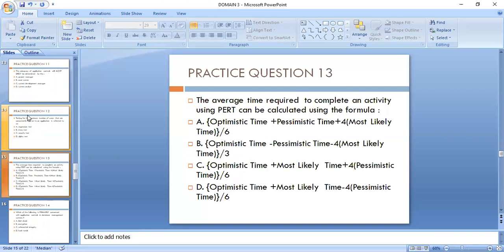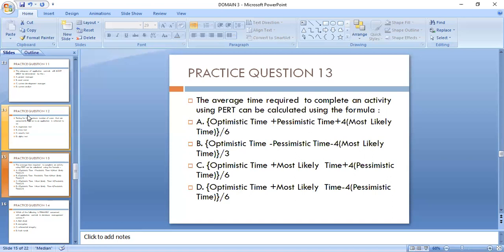13. The average time required to complete an activity using PERT, program evaluation review technique, can be calculated using the formula A, optimistic time plus pessimistic time plus 4 times most likely divided by 6. Then B, optimistic time minus pessimistic time minus 4 times most likely divided by 3. C, optimistic time plus most likely time plus 4 times pessimistic time divided by 6.